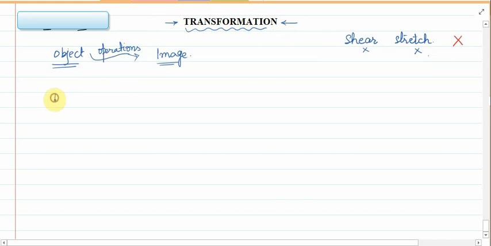Now, in a transformation, we are going to deal with two types. One, we say isometric transformation, and the next one is non-isometric transformation.